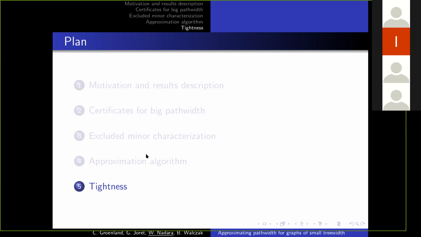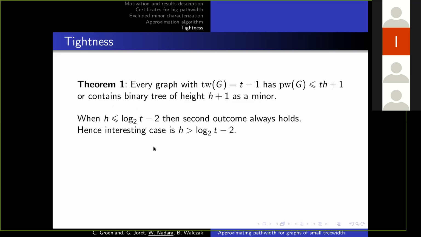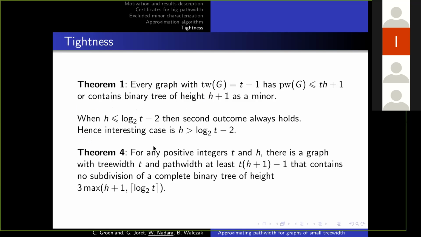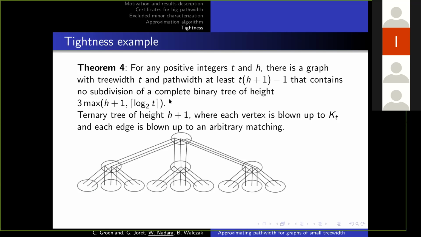And something that I will discuss very briefly is tightness. I basically would like to prove that our excluded minor characterization theorem was tight, and we want to prove that we can shave off at most a multiplicative factor, and there is some log of t lingering for technical reasons.